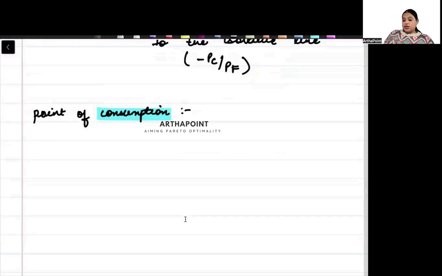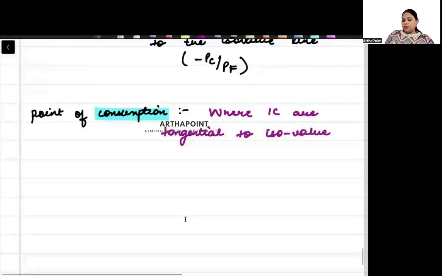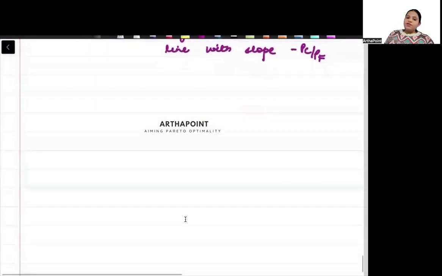So here we say that where the indifference curve is tangential to the ISO value line with slope minus PC by PF. So the ISO value line is the same, but now you have tangency of the indifference curve.